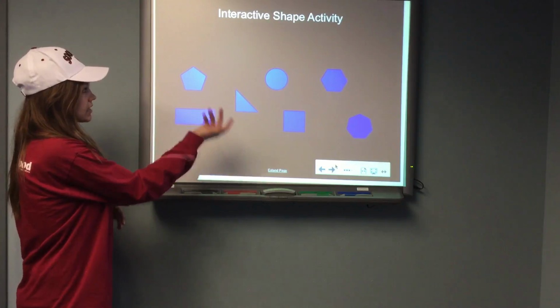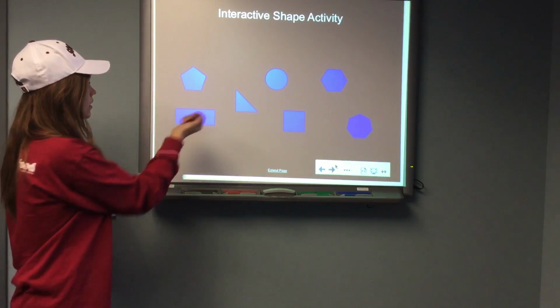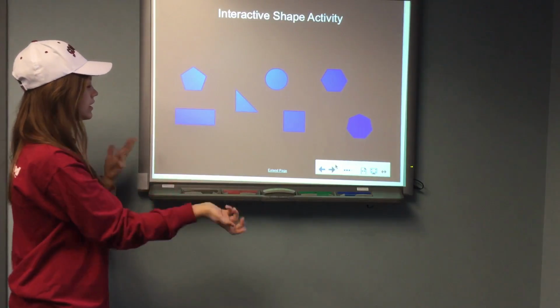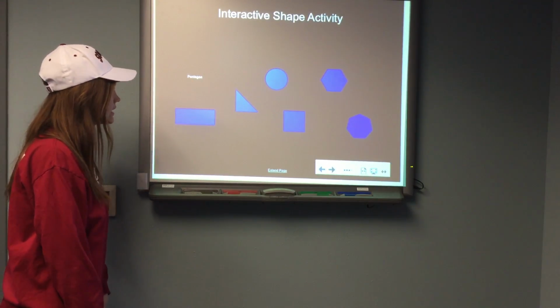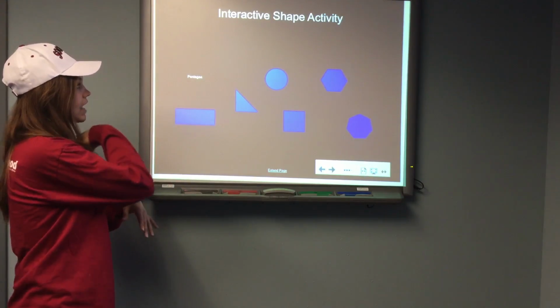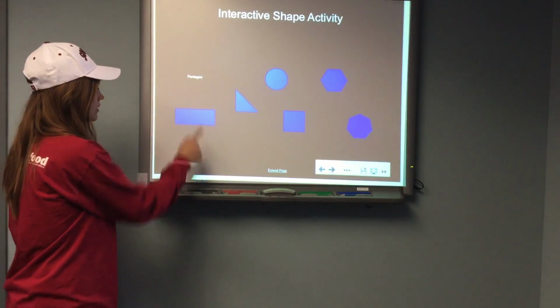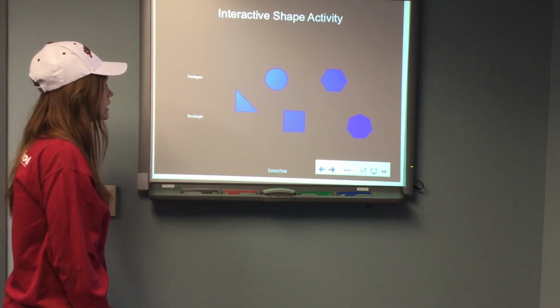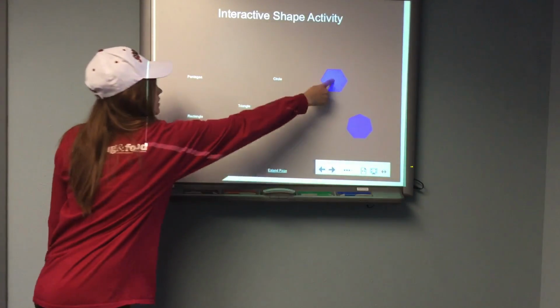So we'd want them to try to guess and be like, oh, what shape do you think this is? And they'd say oh, I think it's a pentagon. There's 1, 2, 3, 4, 5 sides. And then you can click on it, and then it would reveal the correct answer. And then they could have a worksheet and fill in the blank and kind of go along with this. And so we have different students come up and take turns pressing, revealing the correct answers.